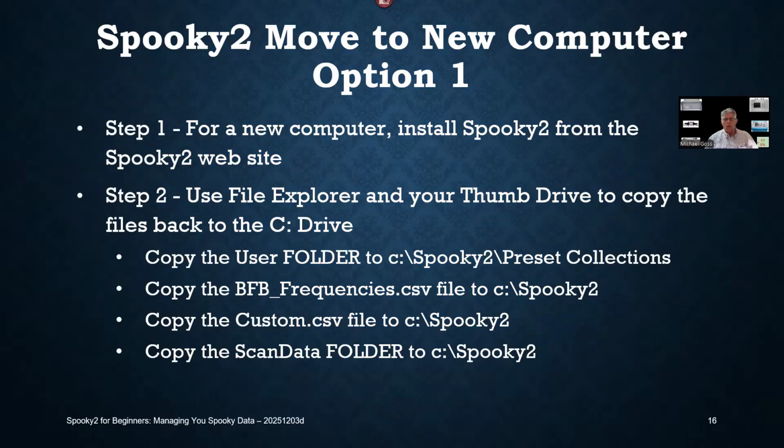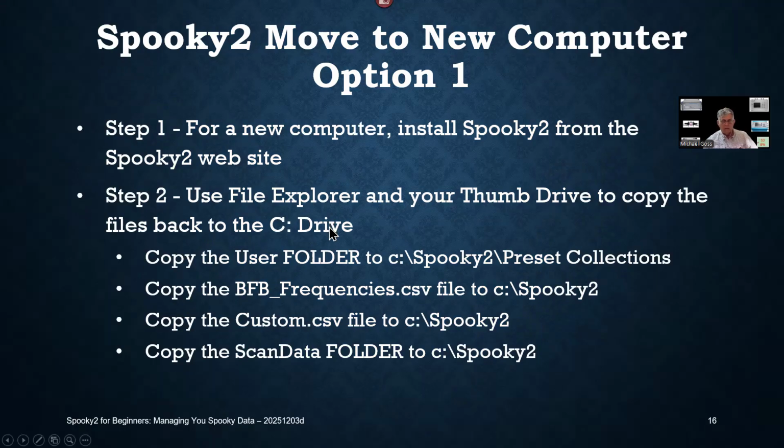Now, let's move on. So what if we want to move to a new computer? How do we do that? Well, the first thing you're going to do with a brand new computer, just install Spooky2. Download it from the website and install it. Of course, it won't have any of your stuff in it, but that's fine. The next thing you're going to do is use File Explorer and your thumb drive to copy the files back to the C drive.